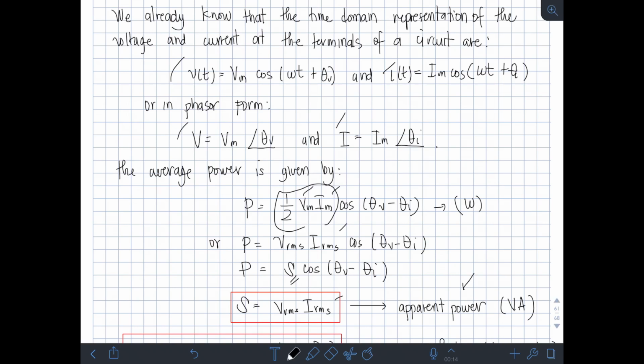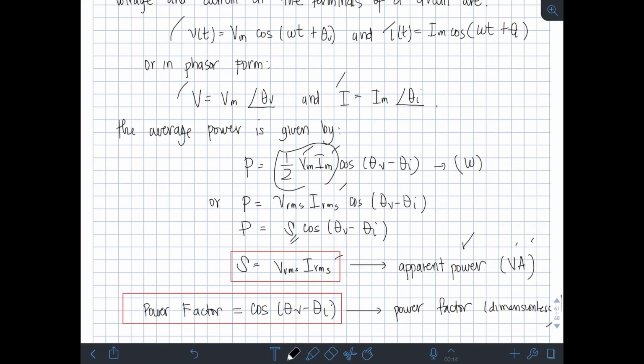Or this time, ang kanyang unit ay hindi na watts, kundi volt ampere. Okay? So, later on kasi, itong apparent power, malalaman natin na siya yung pinaka-complex power natin. Magkakaroon tayo ng real power tsaka reactive power, itong dalawang components na to ng power, yung bumubuo dito sa pinaka-complex power natin or itong apparent power.